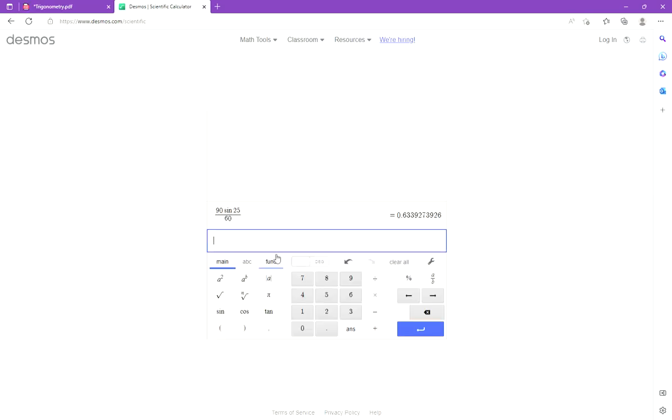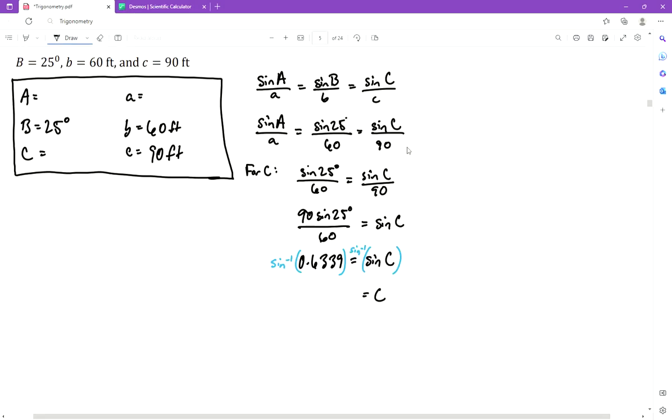So our sine inverse of that last answer is 39, let's just do one decimal, 39.3 degrees. Let me cloud it. There we go. So we have 39.3 degrees for C.